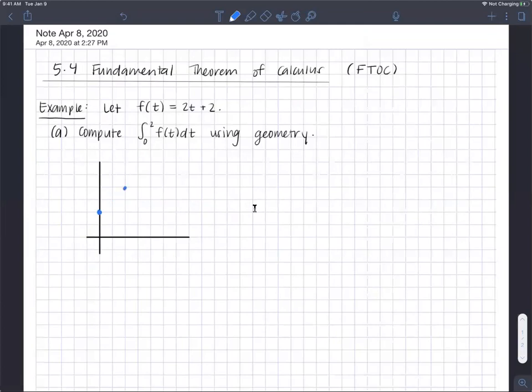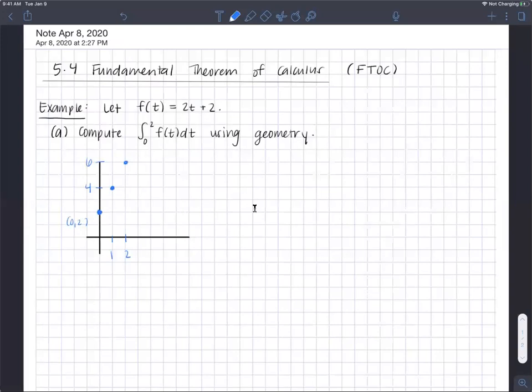I just realized this is 0 comma 2. So this would be 4 at t equals 1, and then 2 is going to be up here at 6.